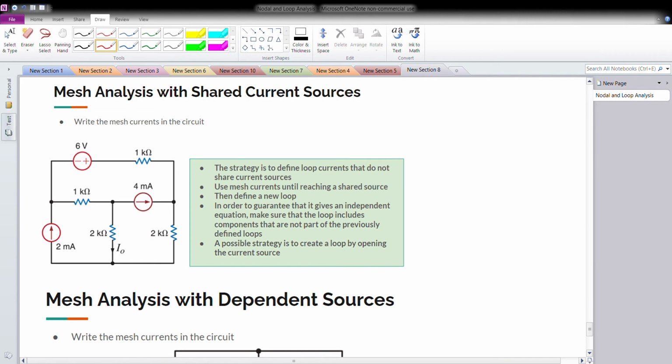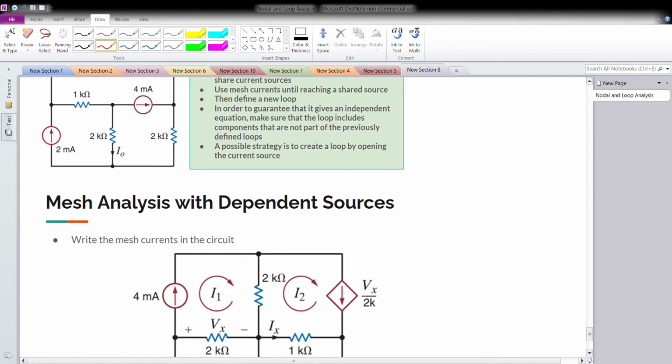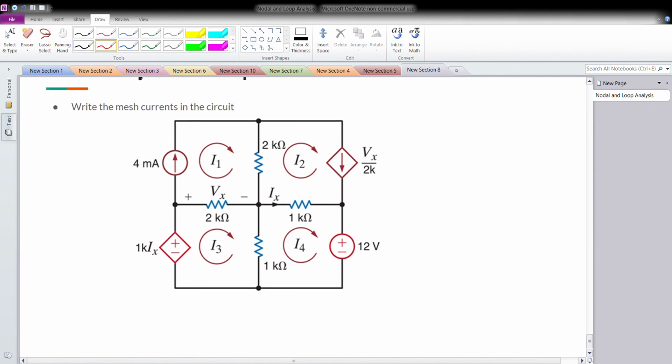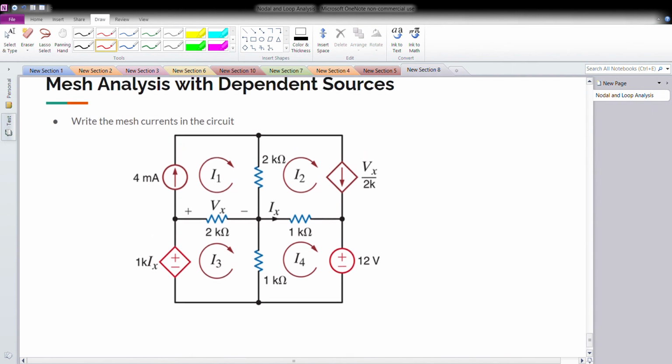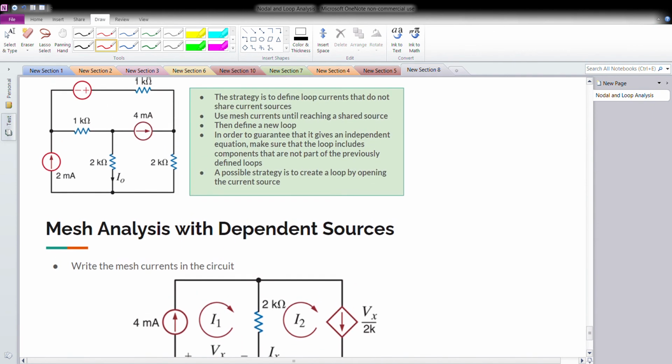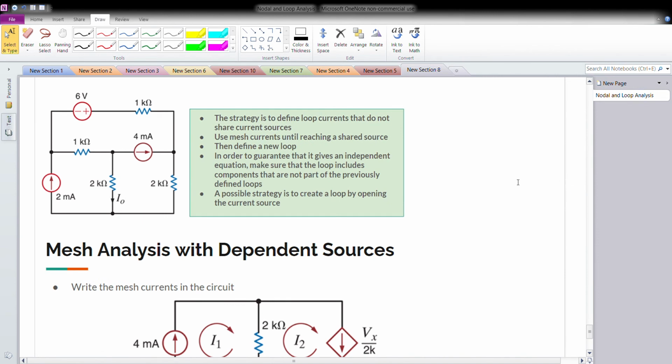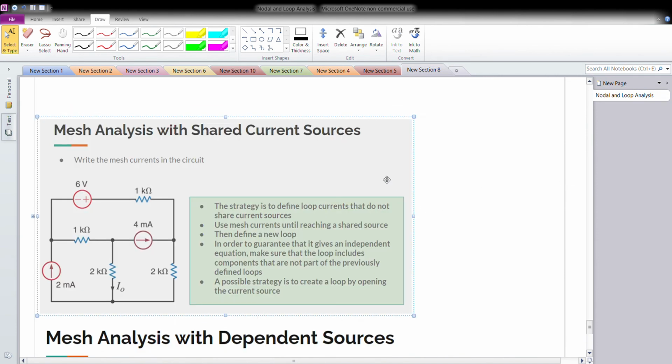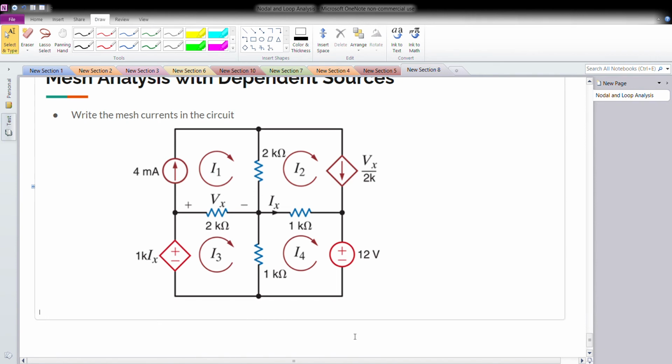There's a method that I prefer, but if you want to choose the other method, that's totally fine with me too. So let's go ahead and do one example so you can see how it's going to work. I didn't include one, but I'll show you on this one so you can see.